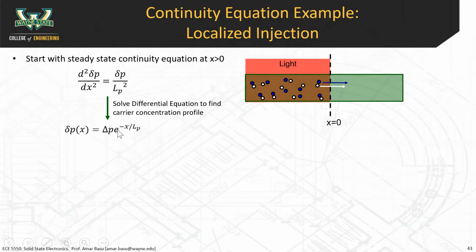You notice how this is the denominator of the exponential? When x is equal to lp, this term is going to be equal to e to the negative 1, or 1 over e. So by the time you go a distance lp away, the carrier concentrations have gone down by a factor of 1 over e. Does that make sense?